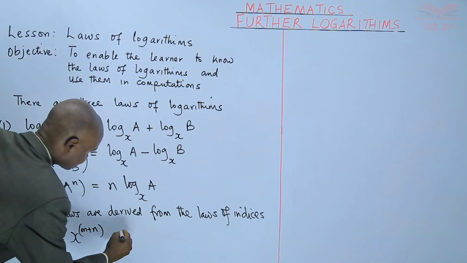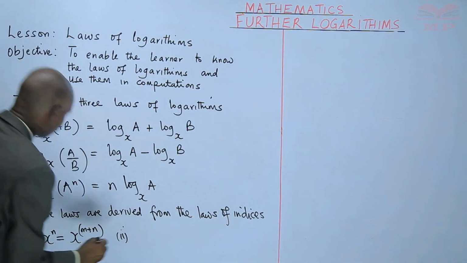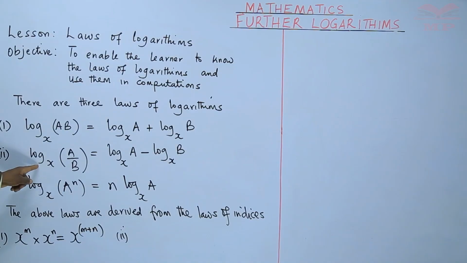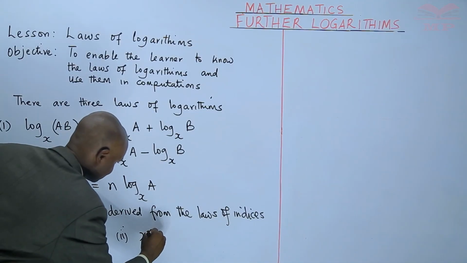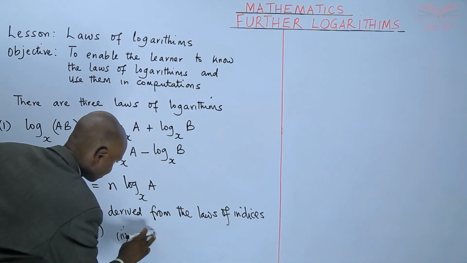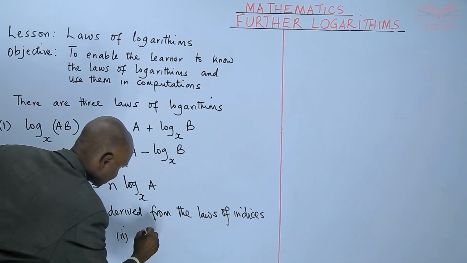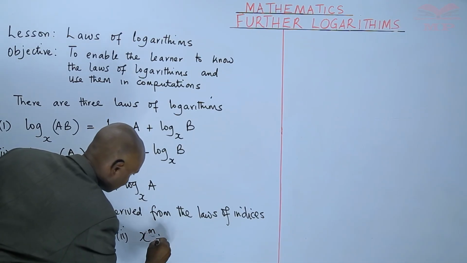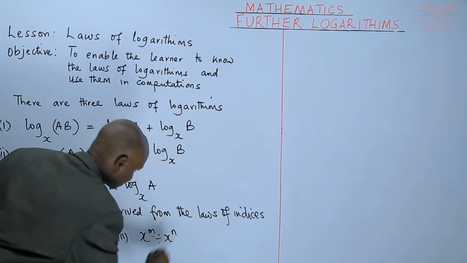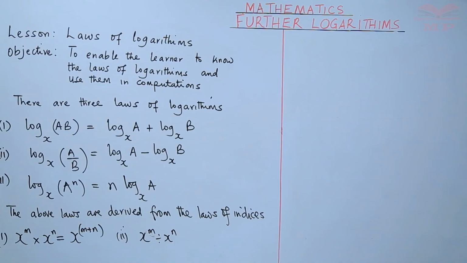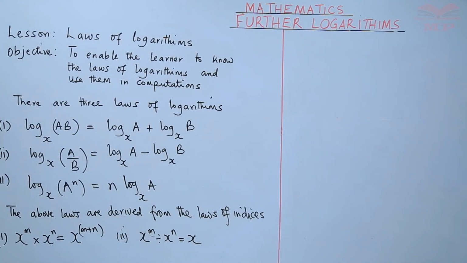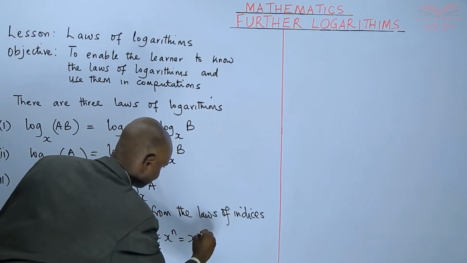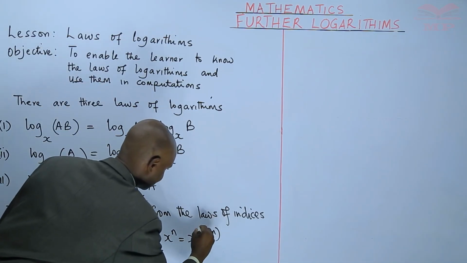In the second one, that comes out with that law. If you have x raised to m divided by x raised to n, it is the same as having x raised to m minus n.